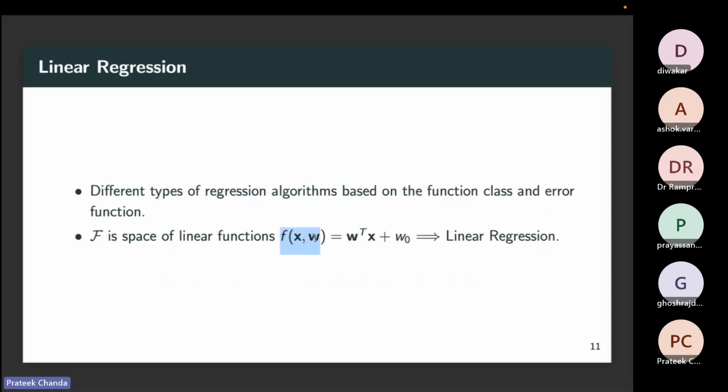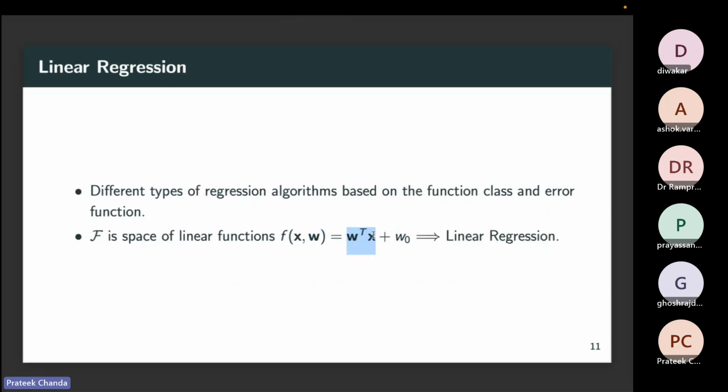So in that case, my f of x comma w can be thought of as w transpose x plus w0. x and w are both vectors, as we saw, and that's why it's w transpose x, and w0 is a scalar. So this entire product is a scalar, a one cross one element. And so this is the concept of linear regression.